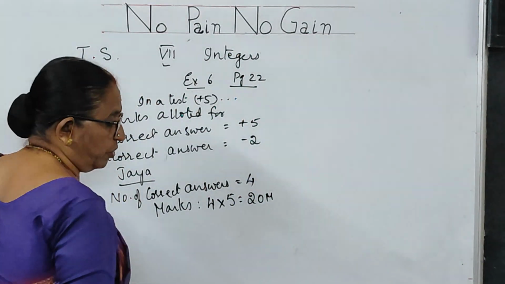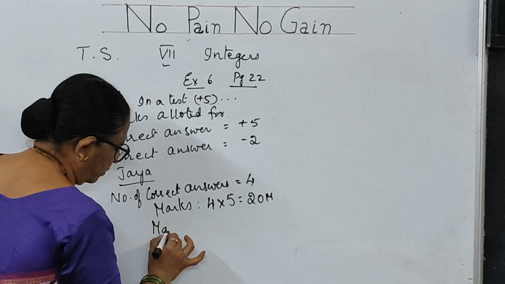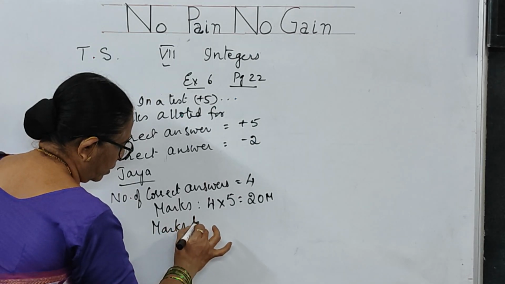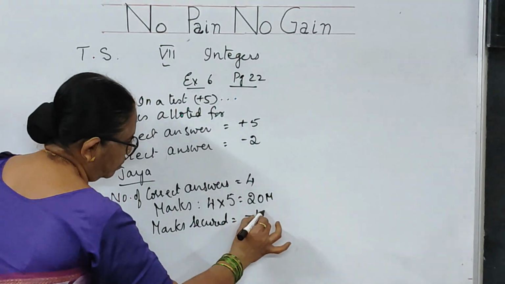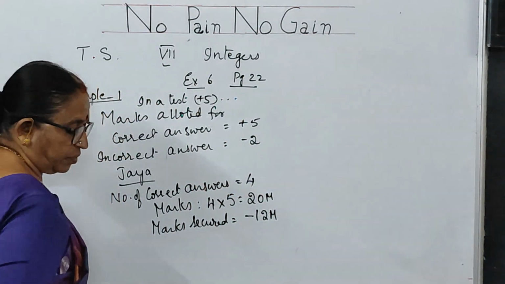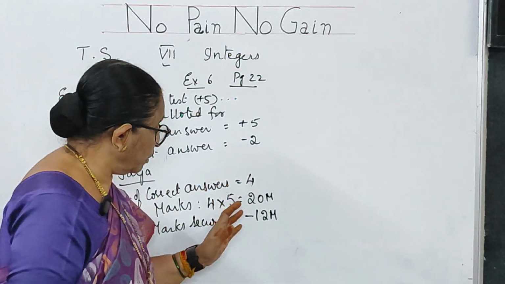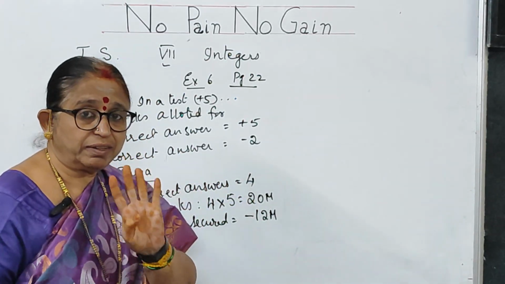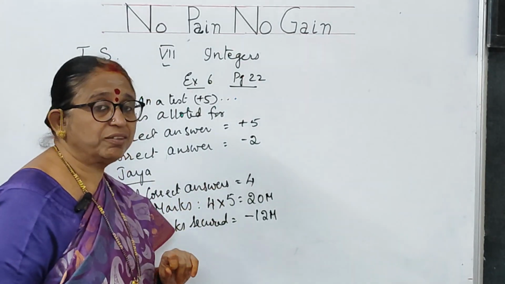She will get 20 marks. But what are the marks secured? How many marks has she secured? Minus 12 marks. See, children, she is supposed to get 20 marks because she has written 4 questions correctly. But she has got minus 12.